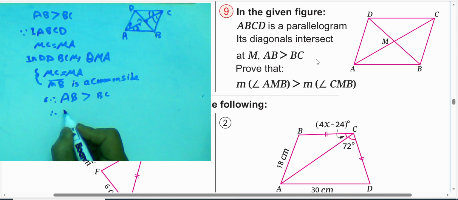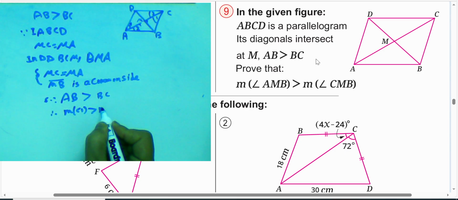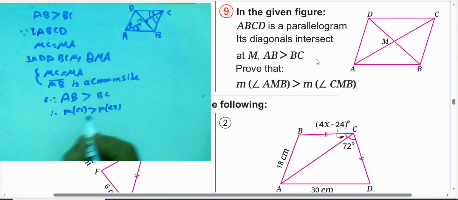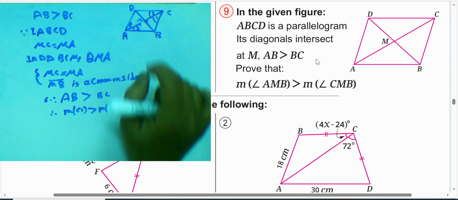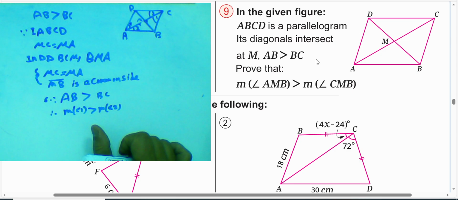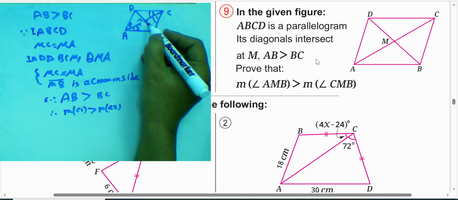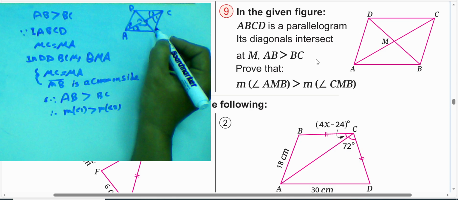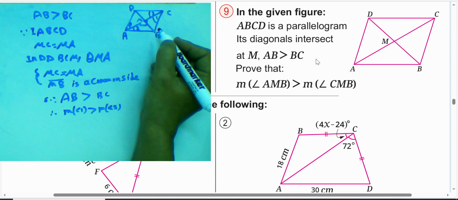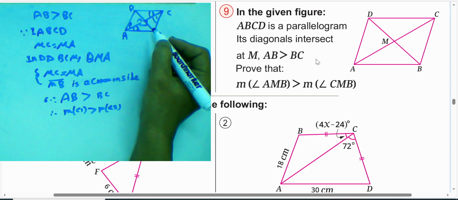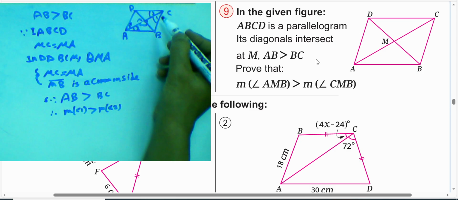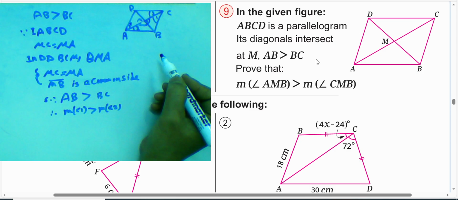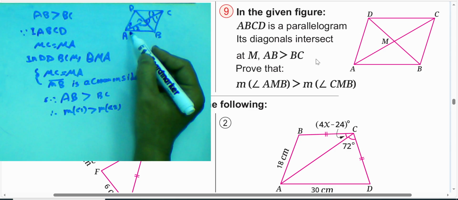Then the measure of angle 1 will be greater than the measure of angle 2. And he wants to prove that the measure of angle AMB is greater than the measure of angle CMB. EB greater than BC.